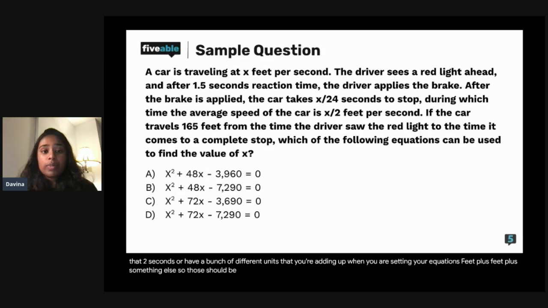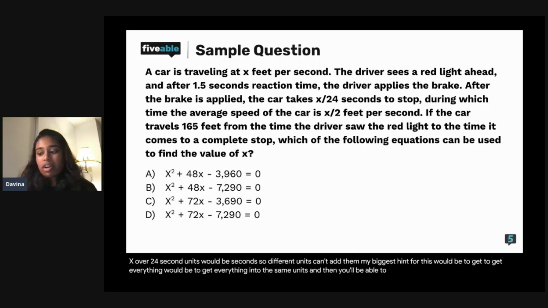You shouldn't be adding up any units that are different. For example, you shouldn't be adding 165 plus x over 24, because the 165 is feet and the x over 24 is seconds. Different units, can't add them. My biggest hint would be to get everything into the same units, and then you'll be able to figure out an equation from there.